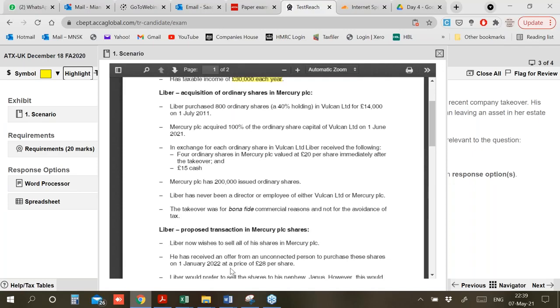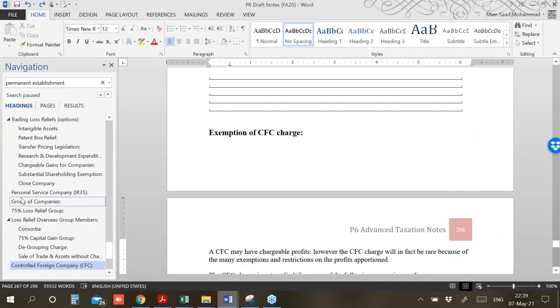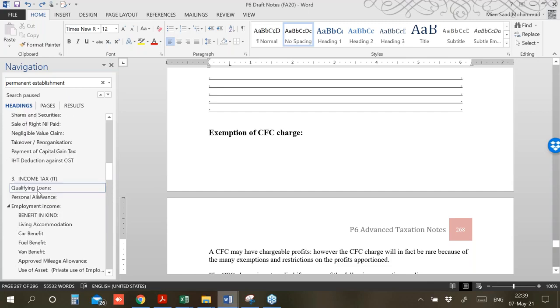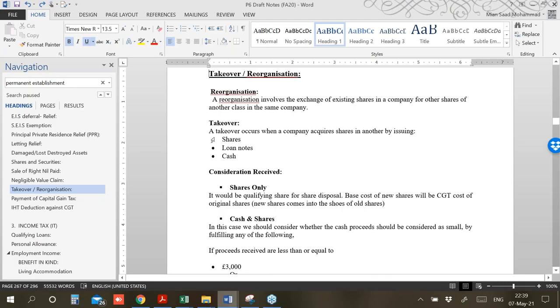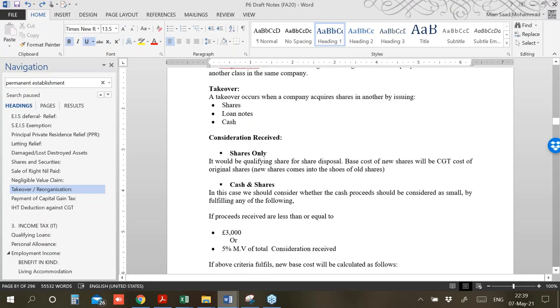That's fine. So before I discuss this topic with you, I'll take you to my notes and we'll discuss in CGT the topic of takeover so that we can discuss how we normally calculate the cost. Takeover, reorganization. Whenever there is a takeover, it means that one company has acquired another company.